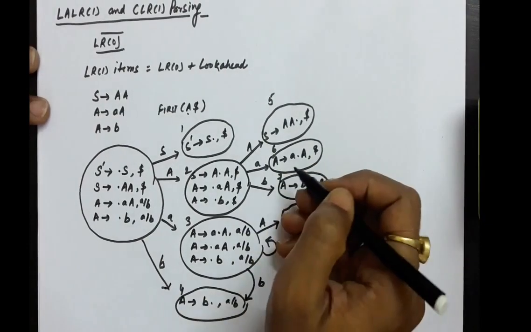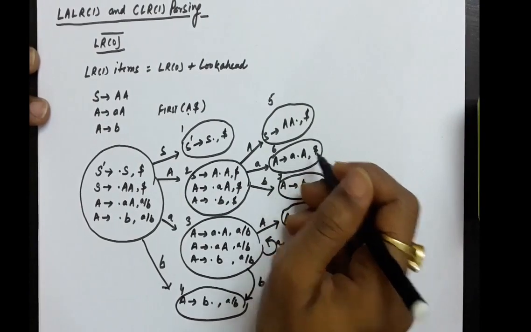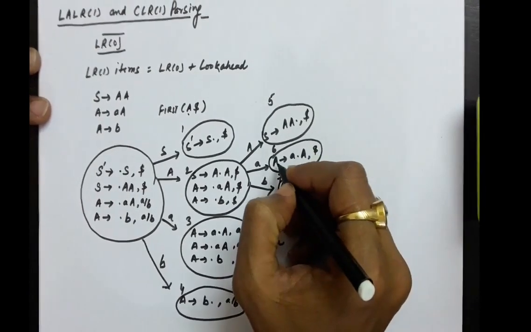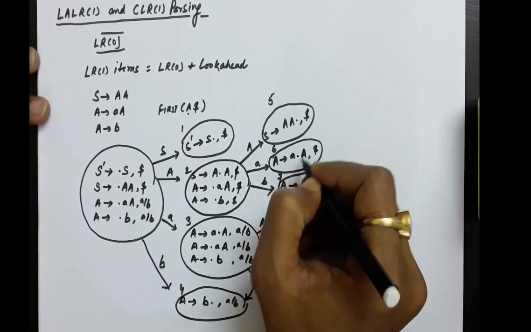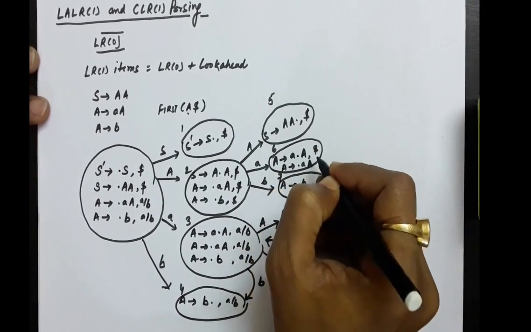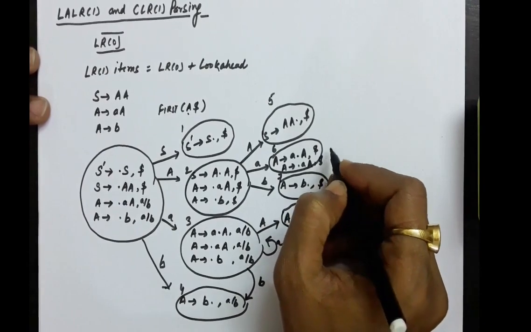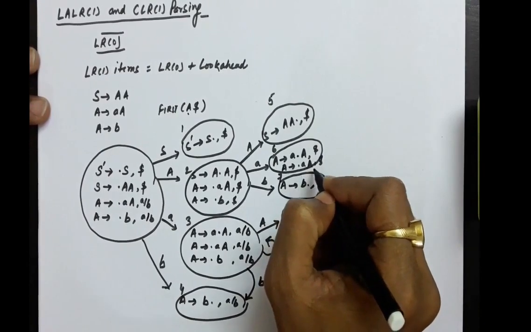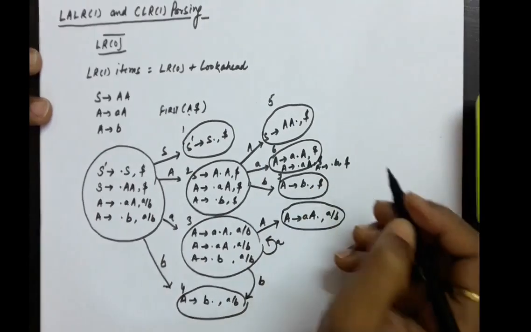Okay, in the sixth state, there is something remaining in the sixth state. We shall add that also. Here we have A produces small a and capital A. So we'll be writing all the production is starting with capital A. So that will be small a and capital A, and the first of dollar will be dollar. There's one more thing to be added in this sixth state, which is A produces dot B, and the first of that will be dollar.